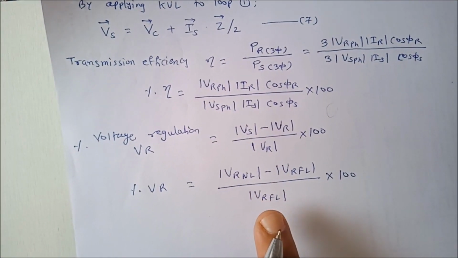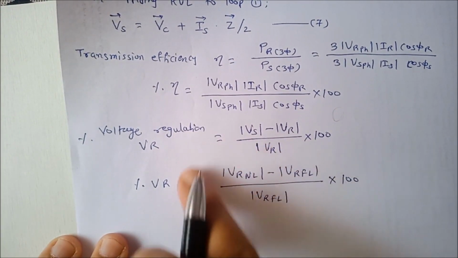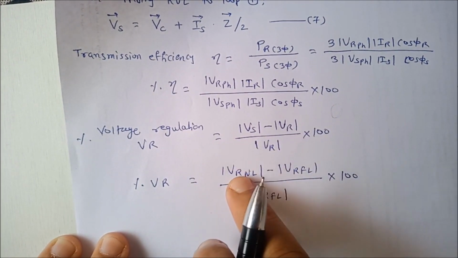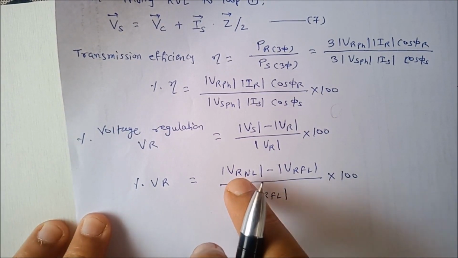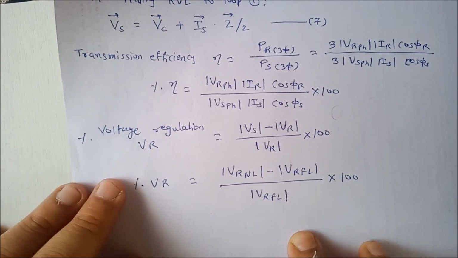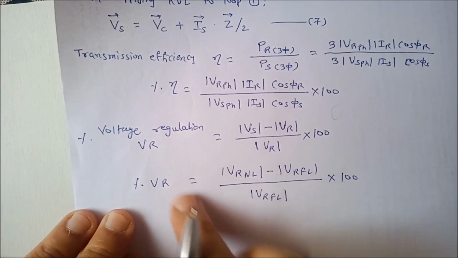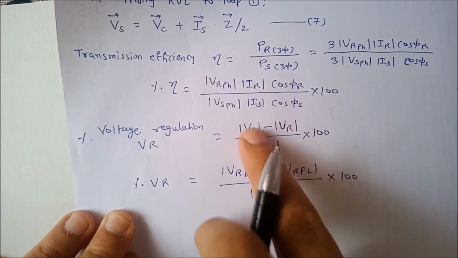Again you can take either line voltage or phase voltage. This is the equation we should use. But to obtain Vr no load we will require the capital A line parameter. How to determine the ABCD parameters, we will discuss in the upcoming session. The more exact equation is this one, while the earlier one gives you a rough idea about the voltage regulation.